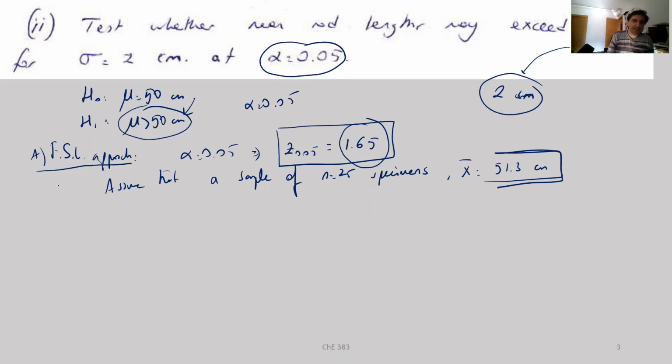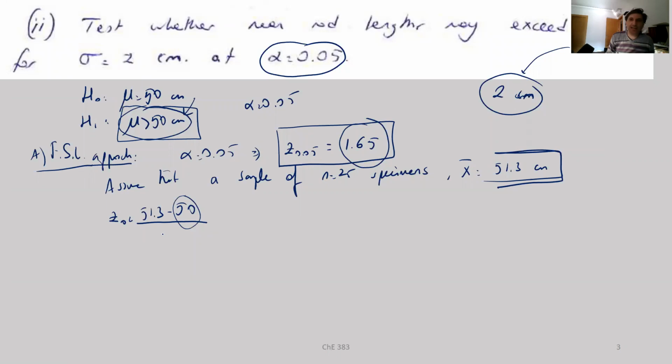Once we obtain this, we compute the test statistic, and note that it's going to be identical to the previous one because the null hypothesis is identical. And that's the important thing about the fixed significance level approach. The test statistic is totally identical because in the test statistic, we use the null hypothesis properties. The null hypothesis is not related to the alternative hypothesis, since it's only a point, an equality, and therefore mu is not going to change.